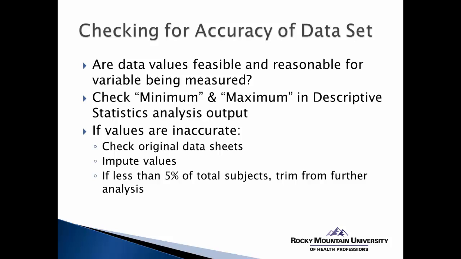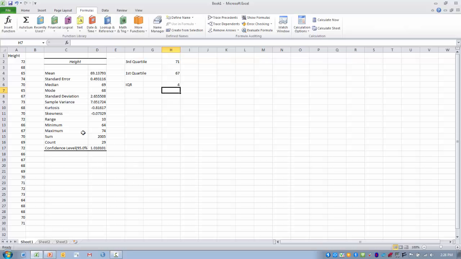In order to check this, we're going to go back to our Descriptive Statistics output box. And so here we are in the Descriptive Statistics output box, and we're basically going to look at the minimum and maximum score. So we want to make sure that the minimum or maximum score that we've collected does not fall outside of that reasonable expected range.